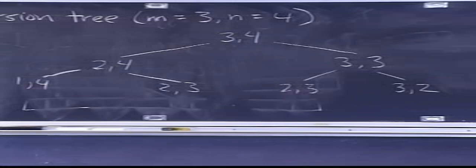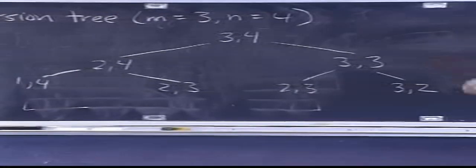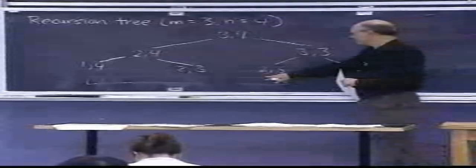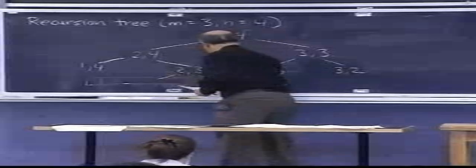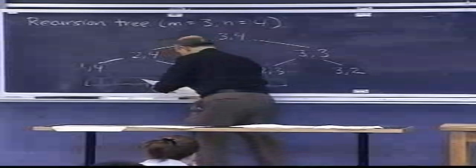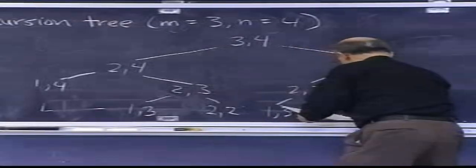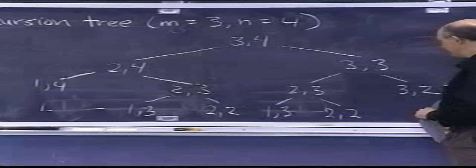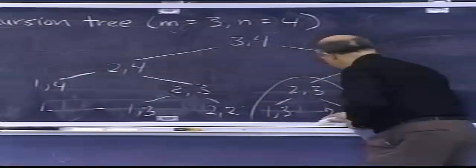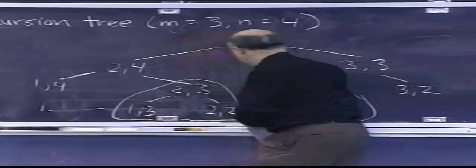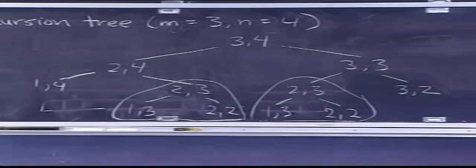And what do we notice? Yeah, we got this 2, 3 repeated twice. In fact, if we kept running this recursive algorithm, we would end up with a whole repeated subtree here. That would be a lot of wasted work.